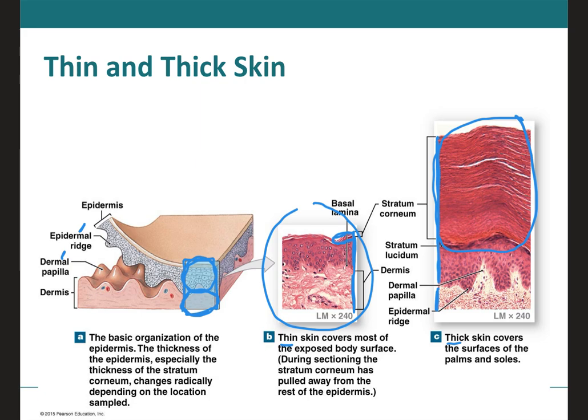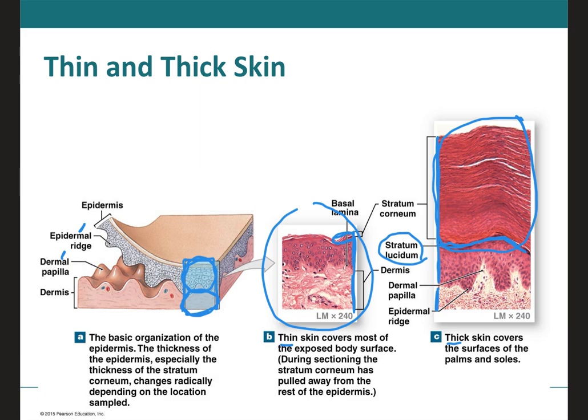This is one of the characteristics that makes the difference between thin and thick skin. The other difference is that on thick skin you have a layer right over here between the stratum granulosum and the stratum corneum, which is called the stratum lucidum. Visually now you can understand the difference between thick and thin skin.